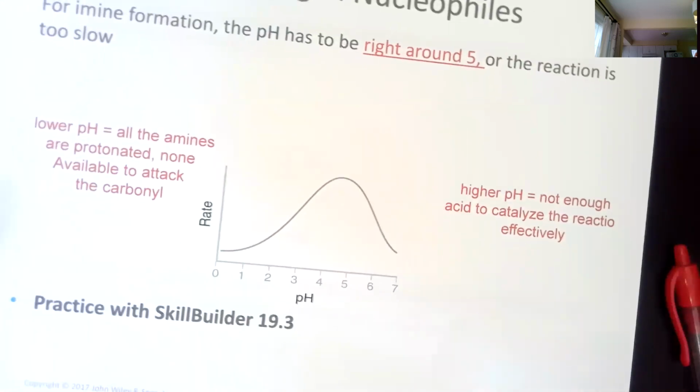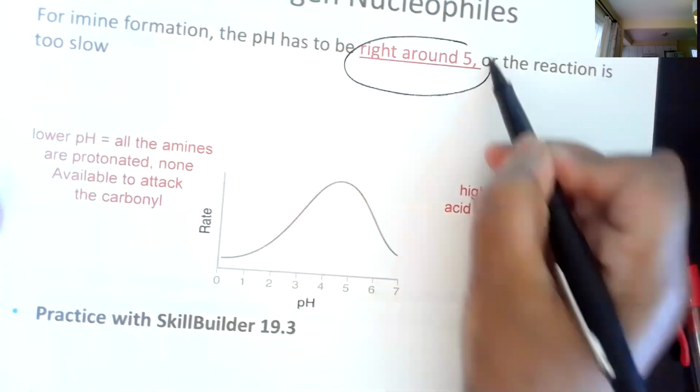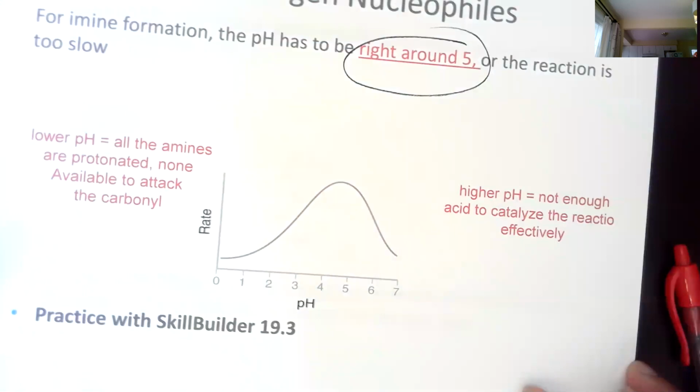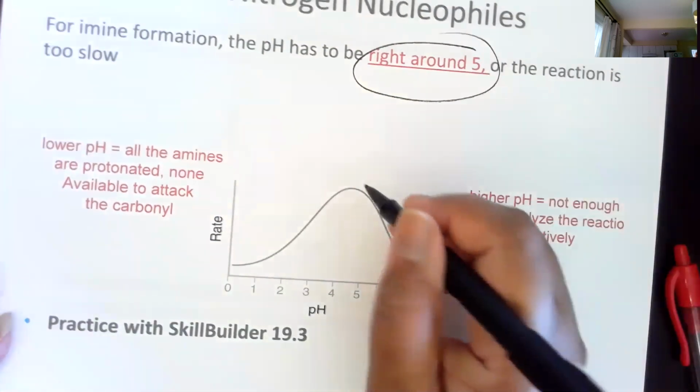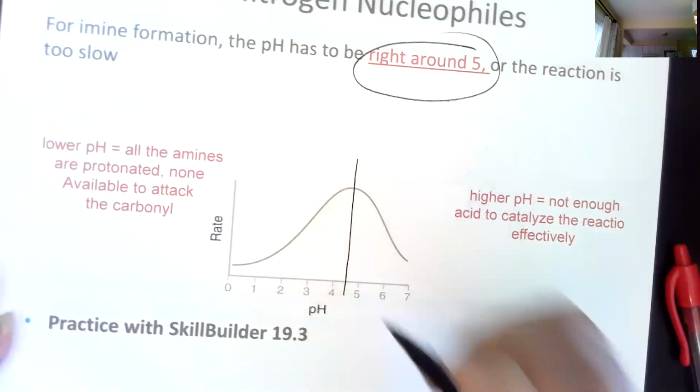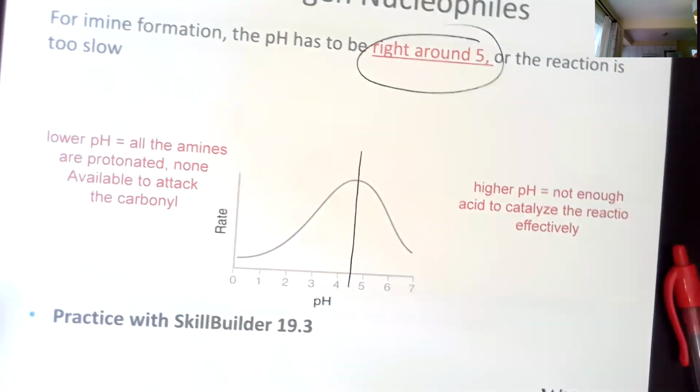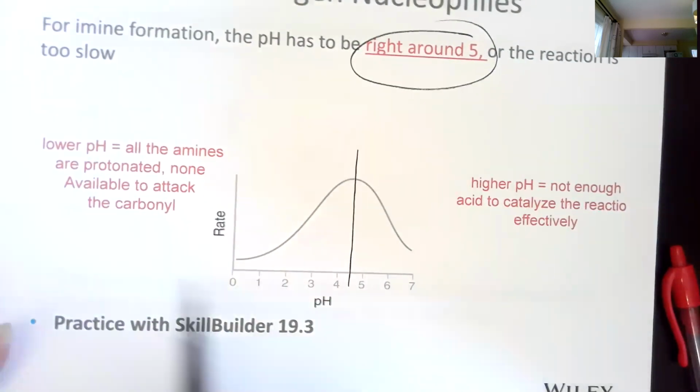Another technical detail, the reaction cannot be too acidic or too basic. It has to be under 5. Remember, enzymatic reactions also require an optimal pH.